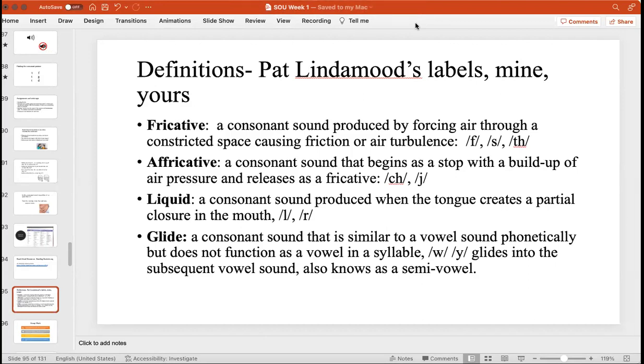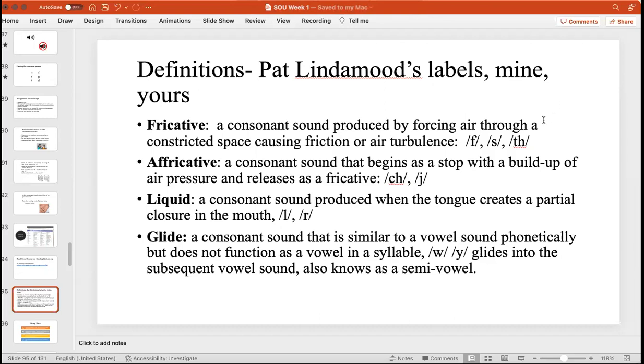Your teeth? Yes. Well, it's your tooth on your lip, technically. Exactly. Okay, and now Kaylee, when you say this, what part of your mouth is restricting the air? So your tongue and your teeth. Exactly, your tongue and your teeth are restricting the air, aren't they?